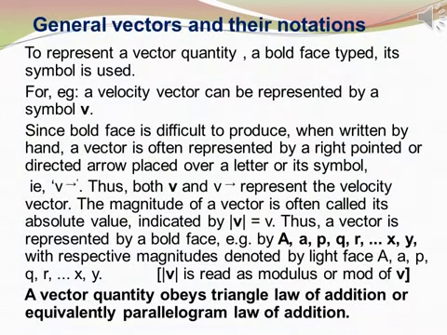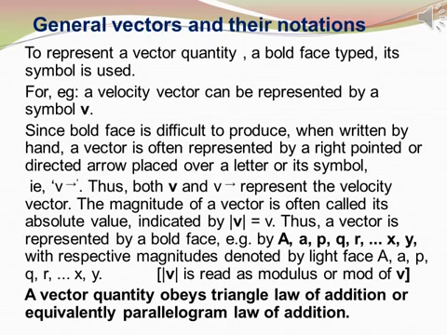Next, I'm going to teach you the topic general vectors and their notations. To represent a vector quantity, a boldface typed symbol is used. For example, a velocity vector can be represented by the symbol given in the slide.